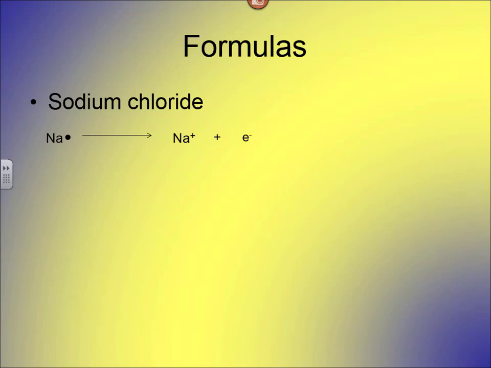Now we need to make chloride. So we start with chlorine, which has 7 valence electrons. And we have to figure out how that's going to make an ion. Is it going to lose 7 or gain 1? Gain 1.